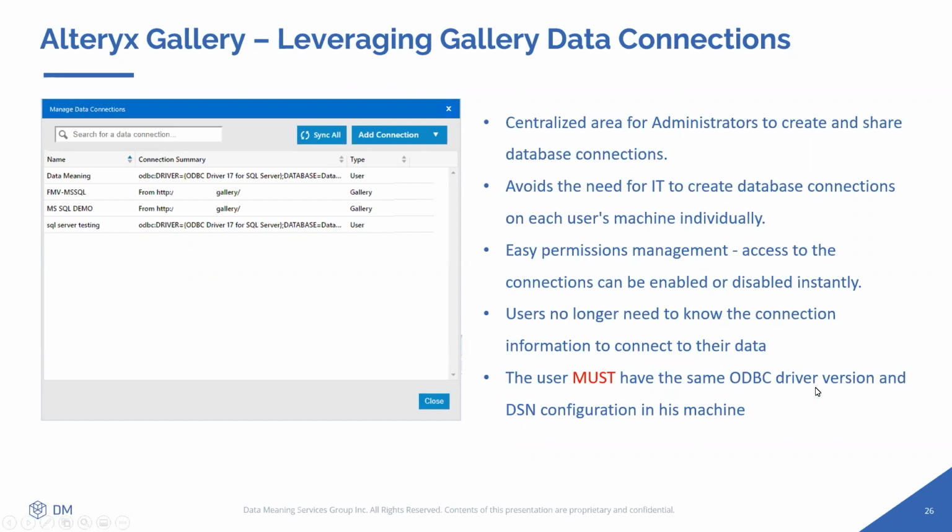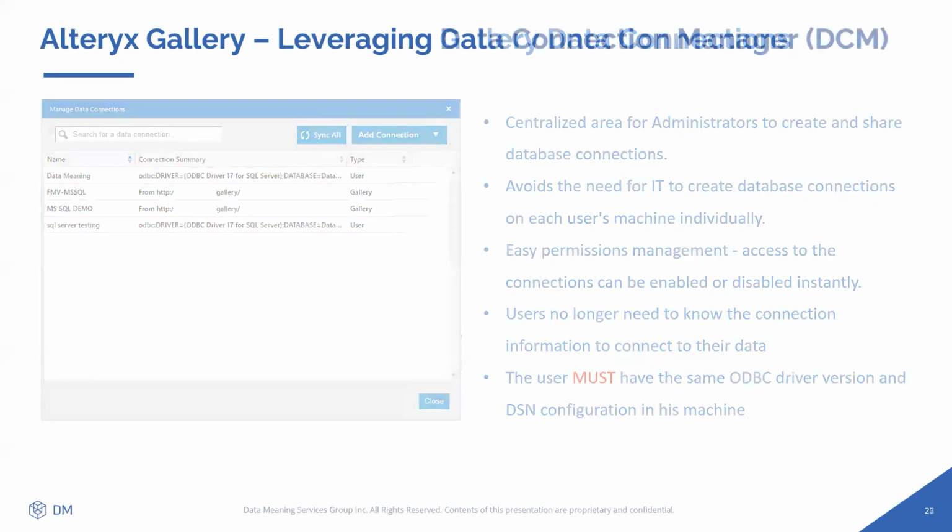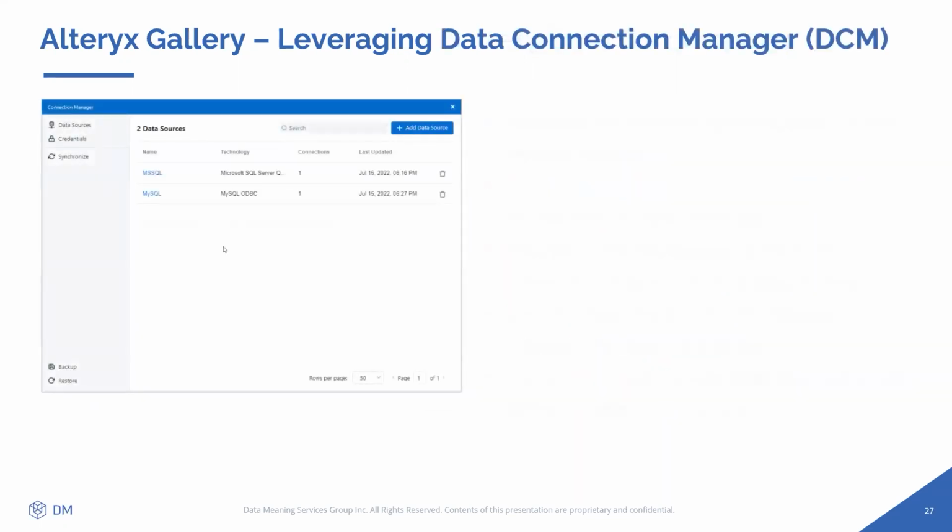And for connections, you need to have the ODBC driver version, and that's here. So for example, for this connection, ODBC driver 17 for SQL Server, right? So we have the Alteryx licensing portal, and there you can download all of these things, or you can download from Microsoft directly.